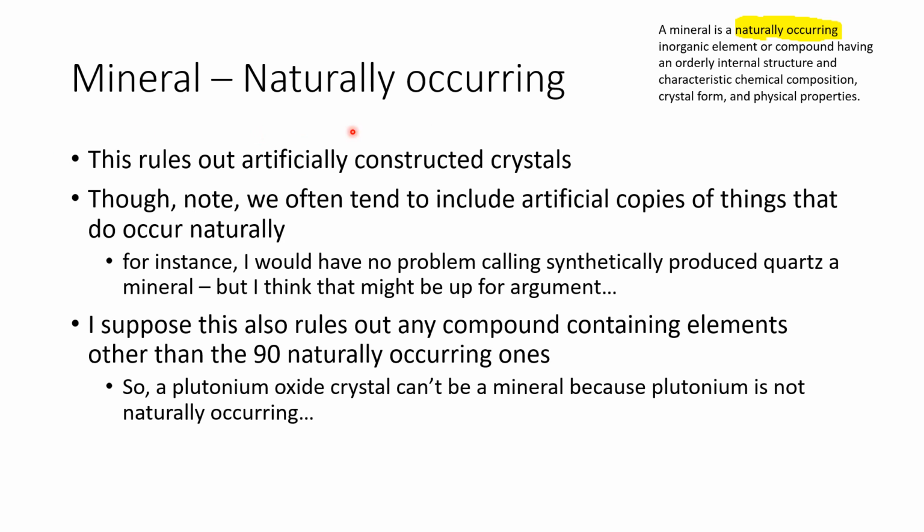And so some folks will argue this, but if we construct a crystal that doesn't exist in nature, then that's not naturally occurring. So it would not fit the official definition, at least.